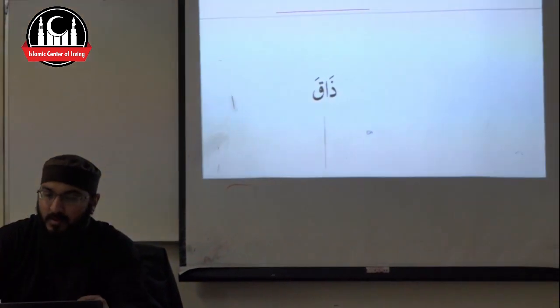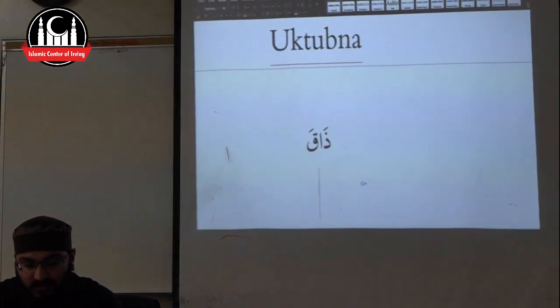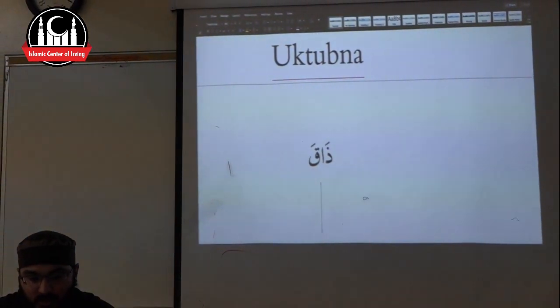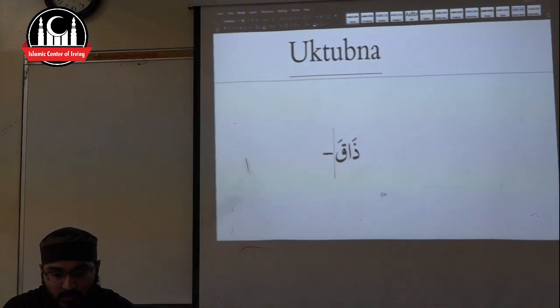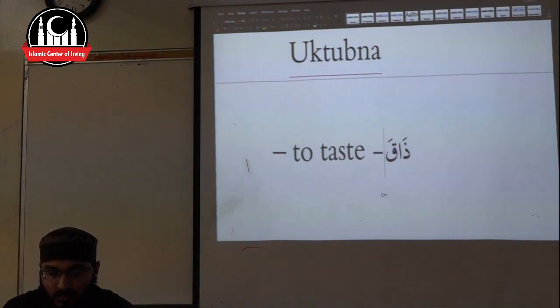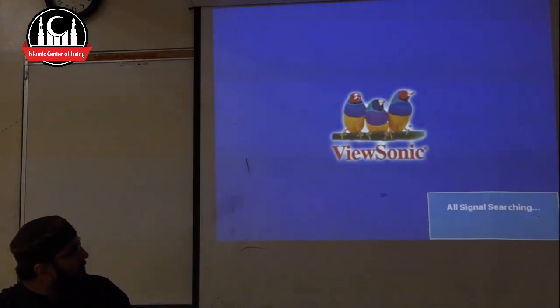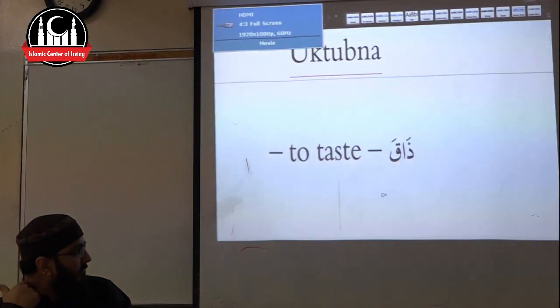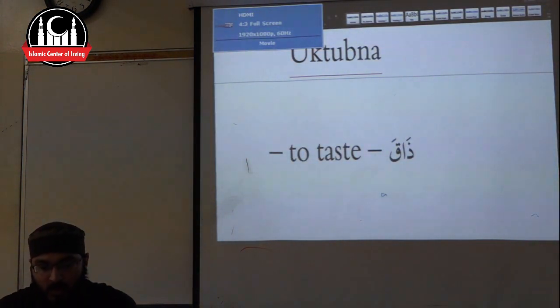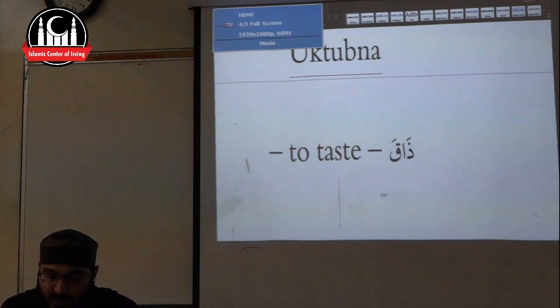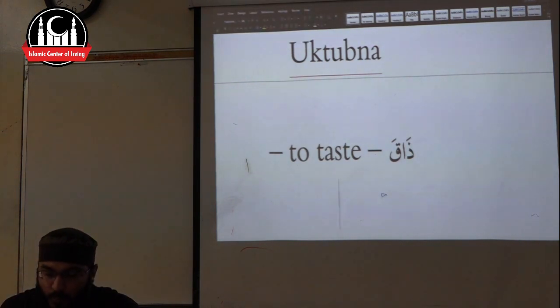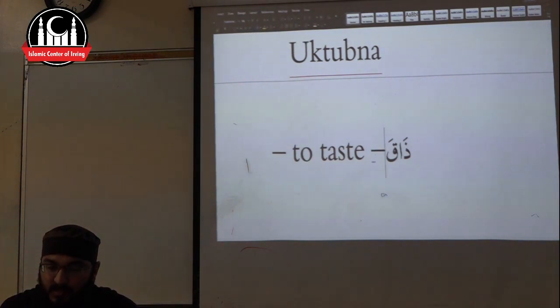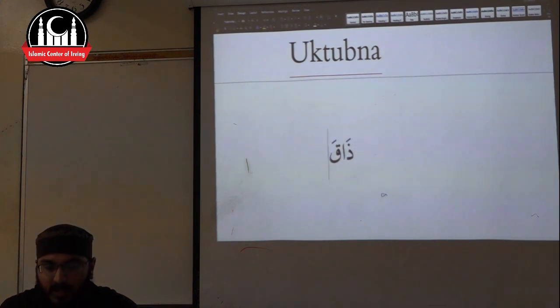Okay. Dhaqa, this means to taste. The definition is to taste. The root form means to taste. This specific word means he, right?